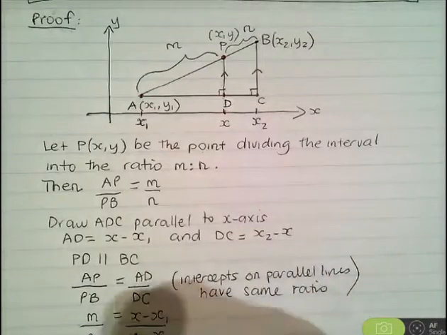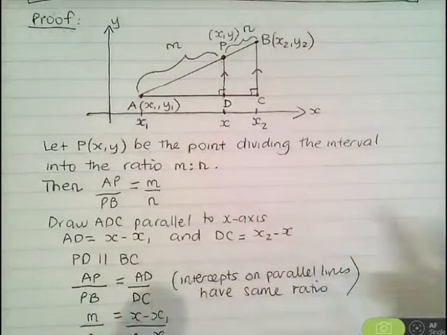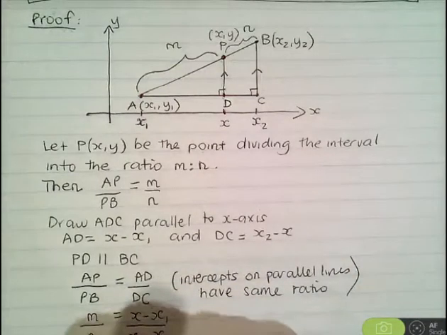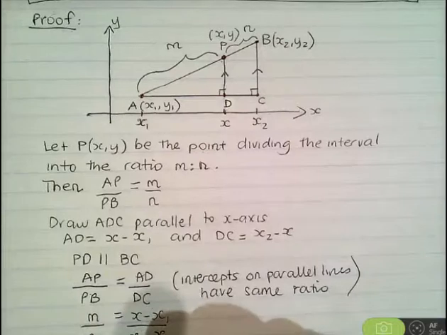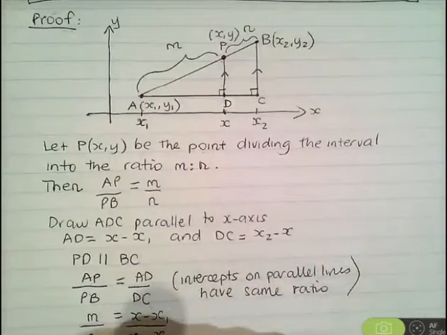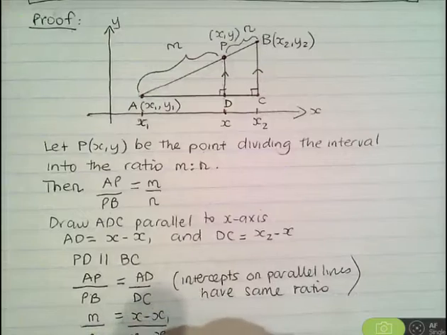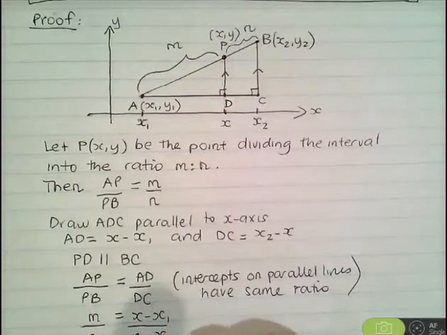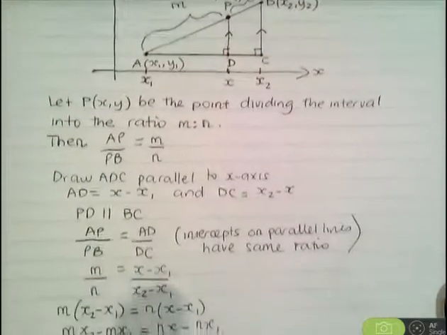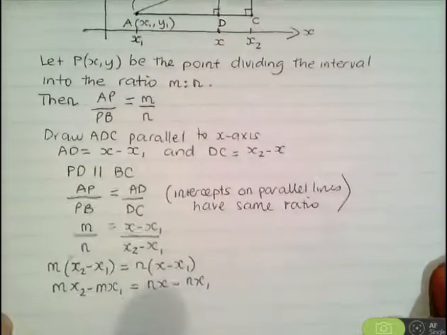And now rearranging this by cross multiplying. Remember, you can only cross multiply if you've got fraction equals fraction, which we do. So we've got m times x2 minus x1 is equal to n times x minus x1. And expanding this, we get mx2 minus mx1 is equal to nx minus nx1. Just running off the page there, so I'll just move this up a bit. Sorry about that.